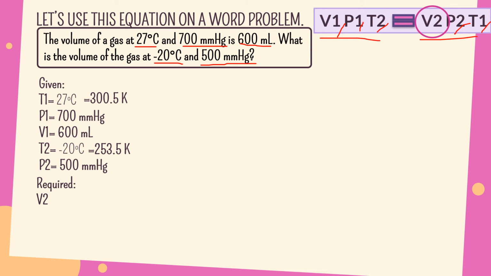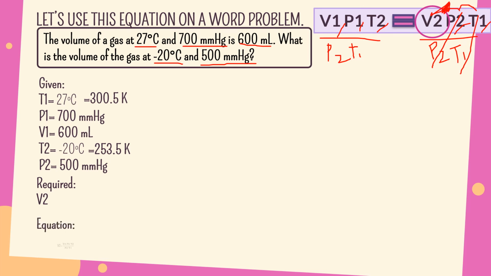On this problem, we have the final pressure and initial temperature. So we need to divide both sides by final pressure and initial temperature, to cancel out final pressure and initial temperature on one side of the equal sign, and leave the final volume, which is the unknown or the required one.